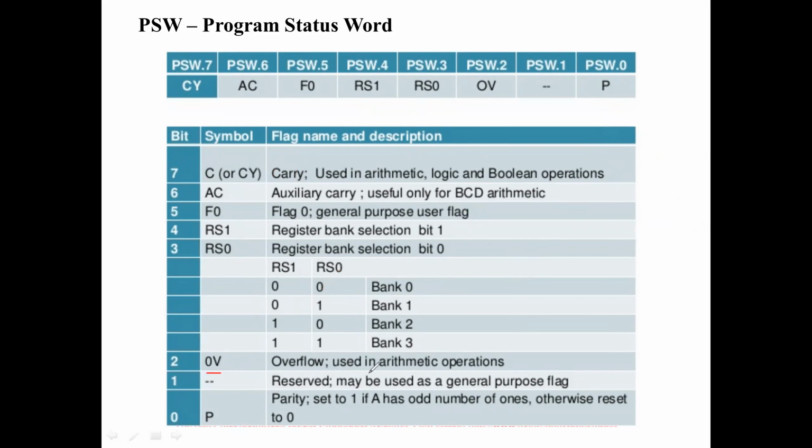Overflow is used in signed arithmetic operations, because in signed arithmetic the 8th bit is the sign bit, that is, bit 0 to bit 7 is the 8-bit, and B7 holds the sign.